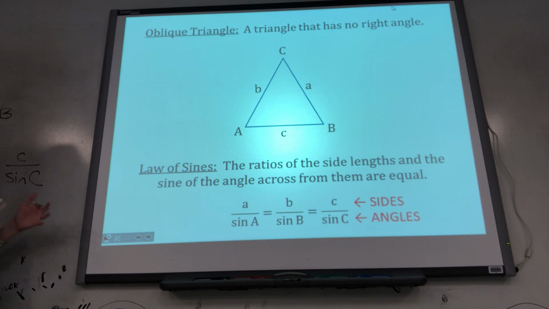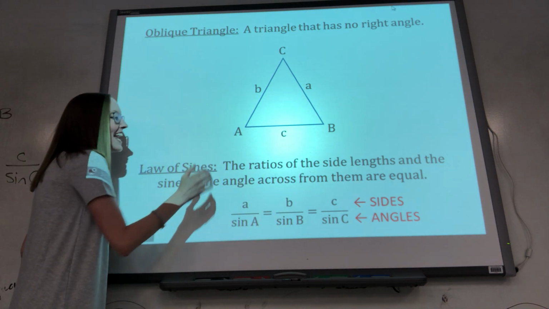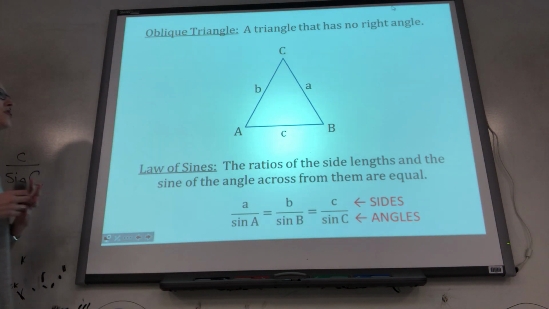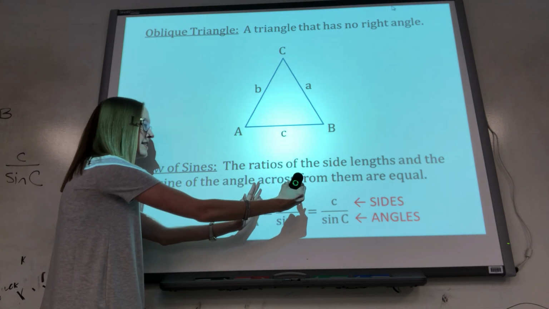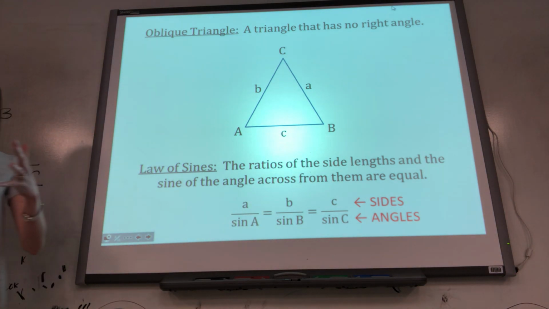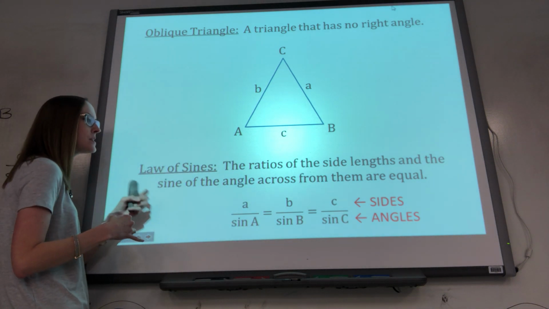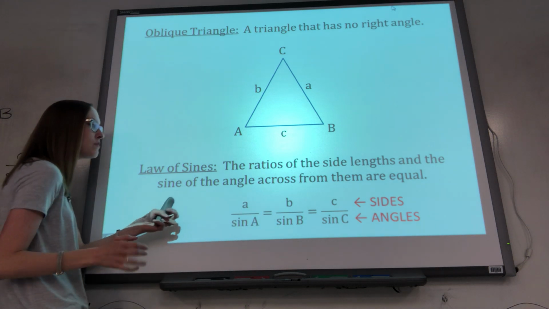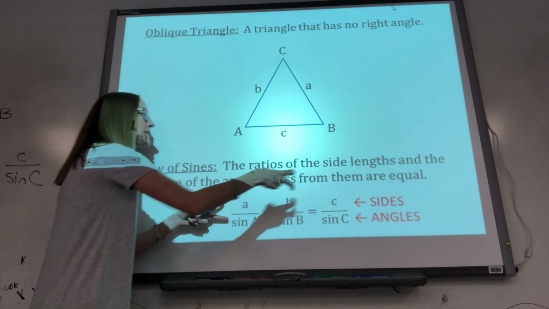Now, I want to give you a little foreshadowing of what's going to happen here with the law of sines. It's in 3 pieces here, but normally when you use the law of sines, you're only going to use 2 parts at once, and it's basically going to turn into a proportion that you have to solve. So sometimes you might only be using the A's and the B's, or sometimes you might only need the B's and the C's, or it might just be A's and C's.